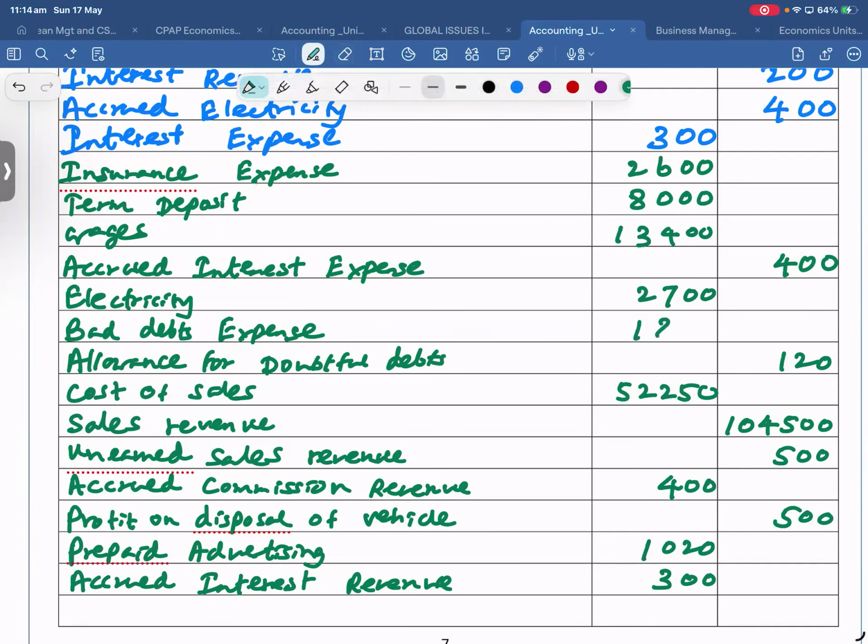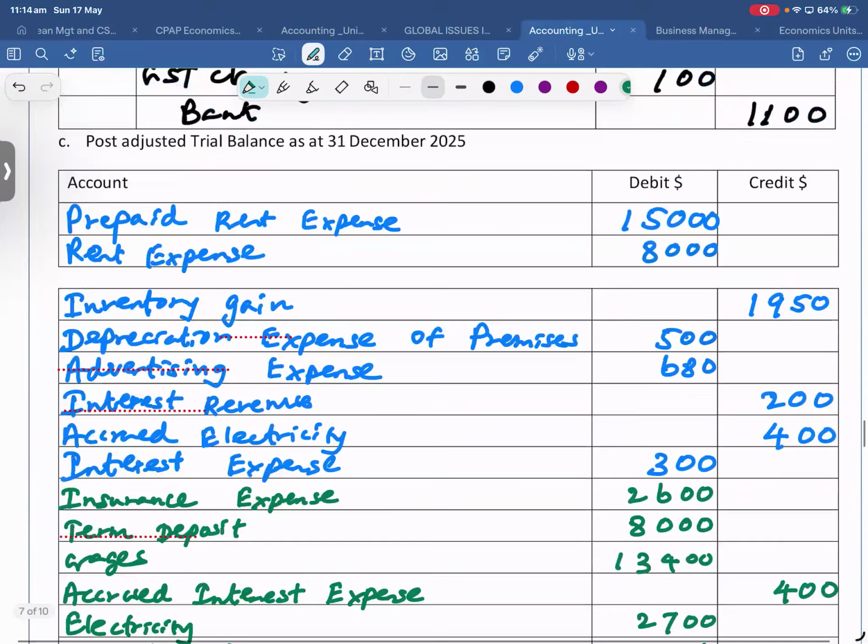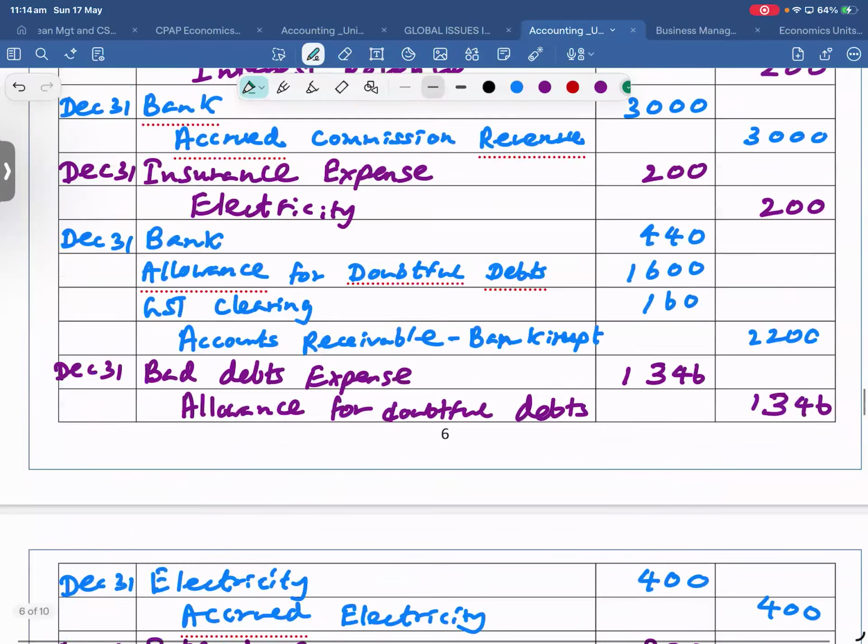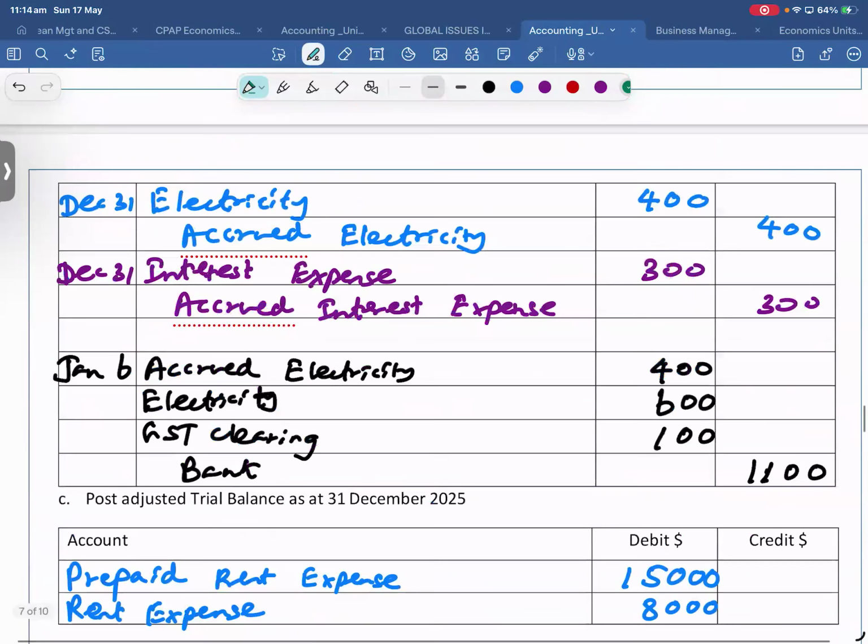Allowance for doubtful debt also will be how much? 54. What was it? 54. 26 at the top. The top what I fixed is, oh no, on the green part line. Yep, green one.